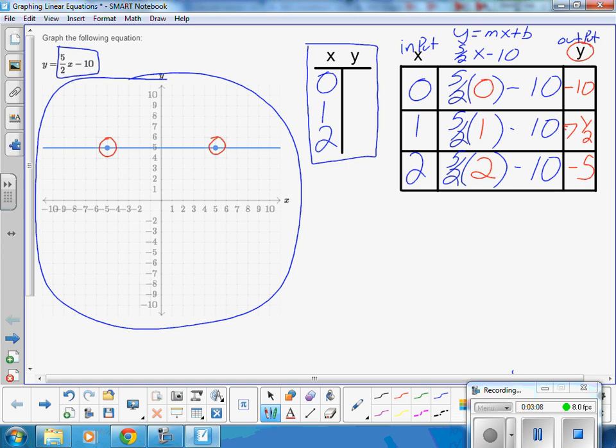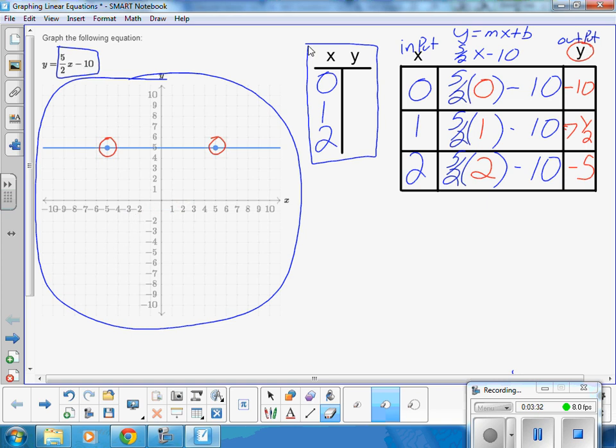The only reason I did 3 of them is so that we can check for any mistakes. If the 3 points that you plot don't fit on a straight line, then you are incorrect and would not have a smiley face, for those people that had fallen asleep already.